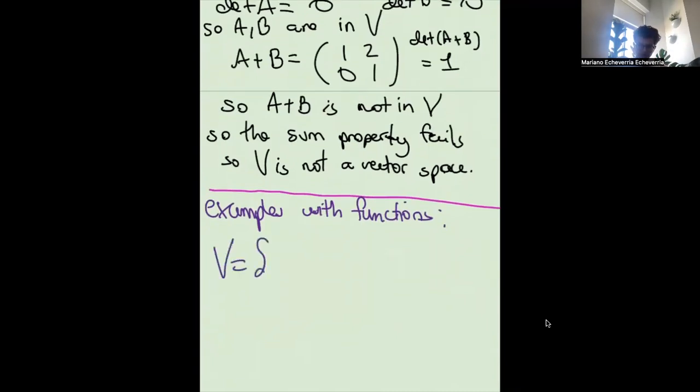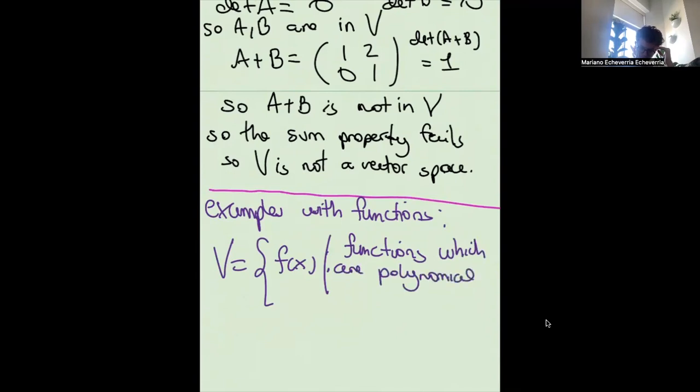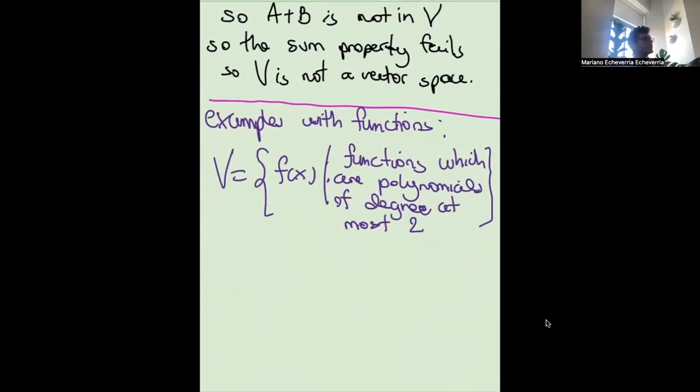So let's say that you define a set which consists of those functions, the functions which are polynomials of degree at most 2. So what does that mean? What is a polynomial of degree 2 or at most 2?